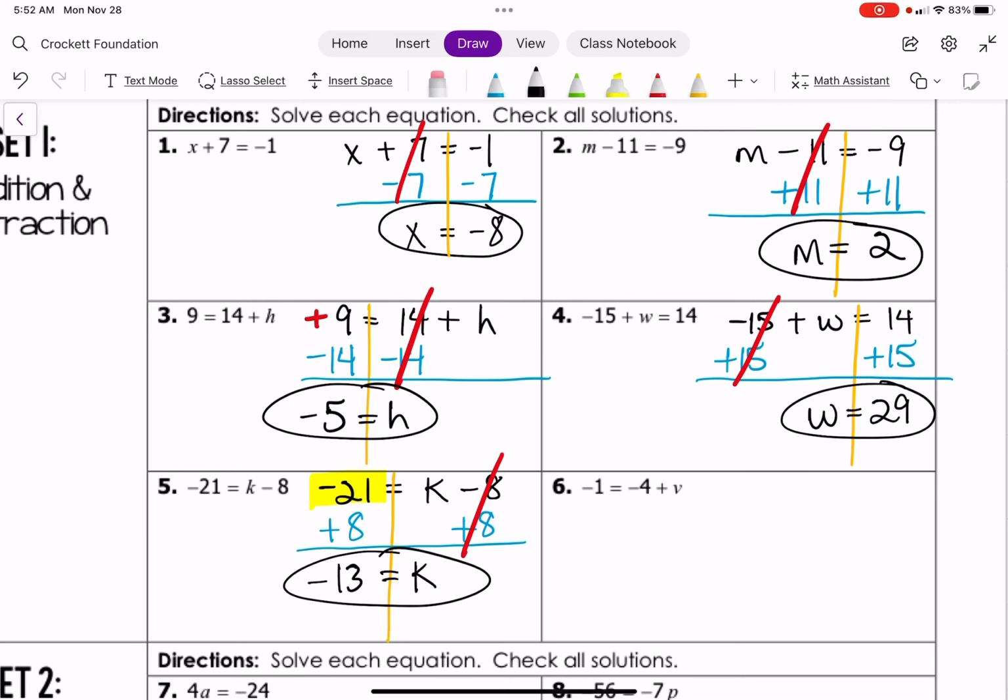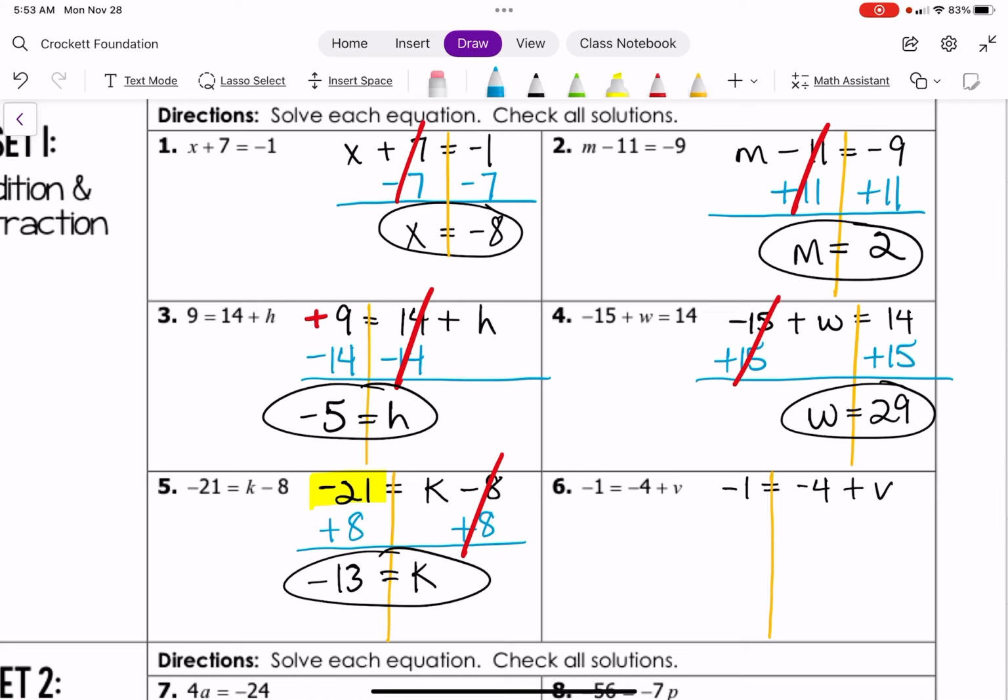Okay. Number 6, our last problem for these examples, says negative 1 equals negative 4 plus v. So once again, we're going to draw a line down the middle. Then we're going to look at the right side. The right side is where the variable is.